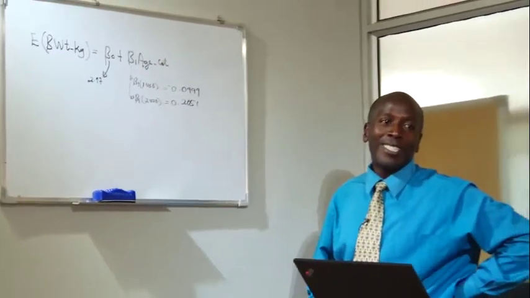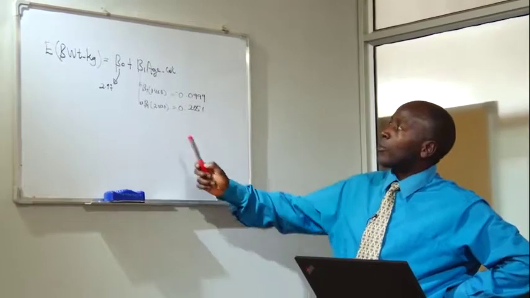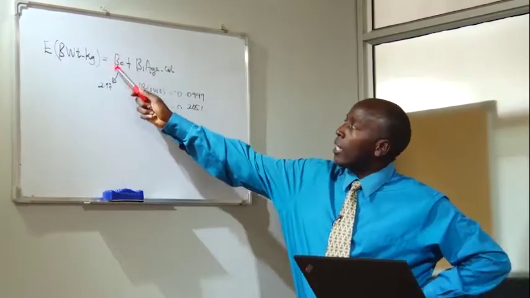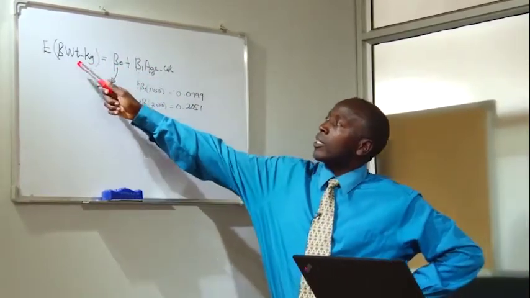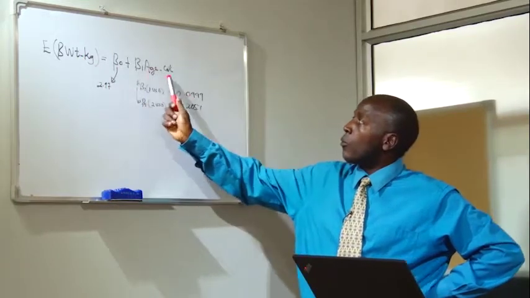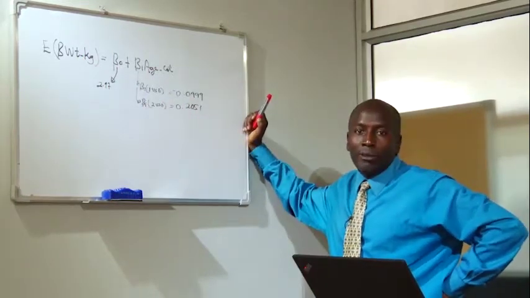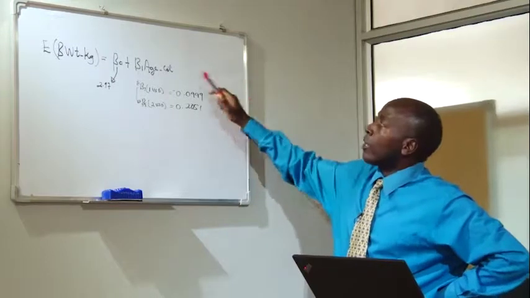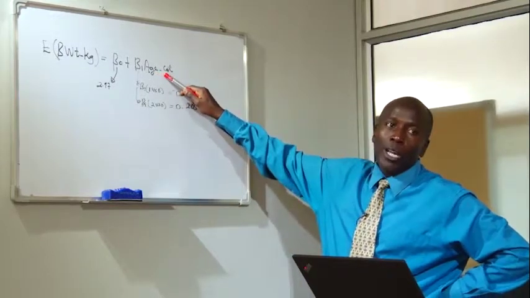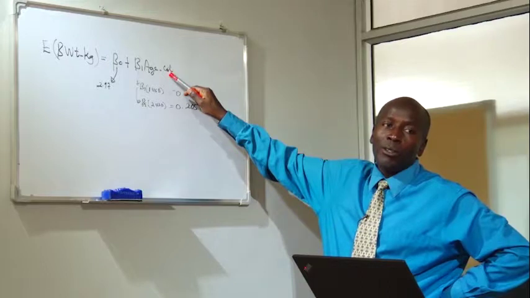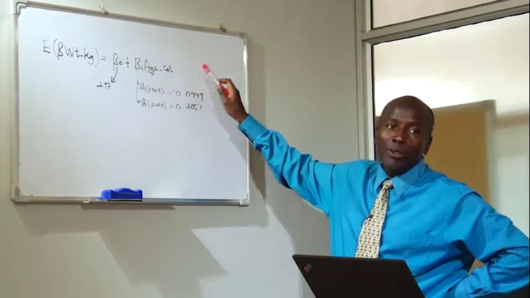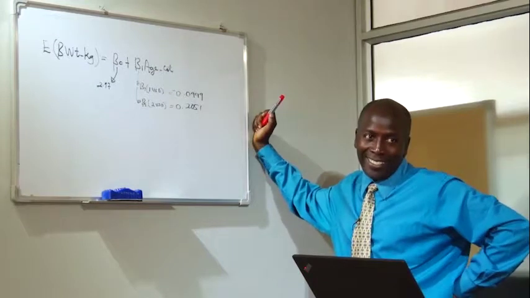Now all these things still come back. From linear regression, the intercept here, beta naught, is the expected birth weight in kilograms when the age is what? When this variable here is 0. And what is this variable when it is 0? What is coded 0 for this variable is 14 to 19.